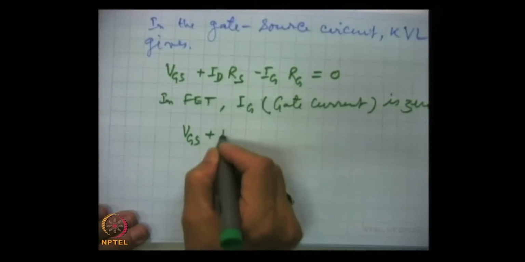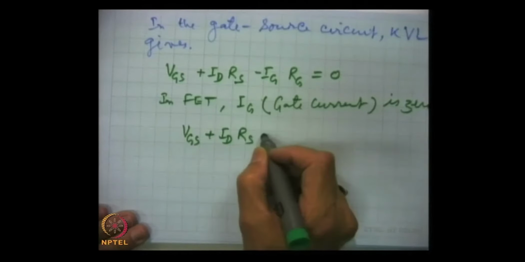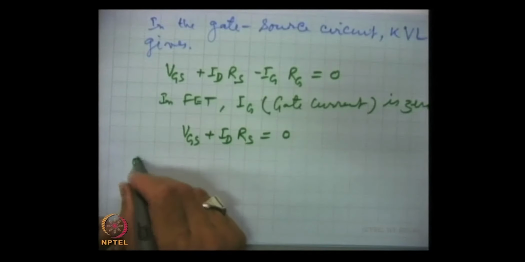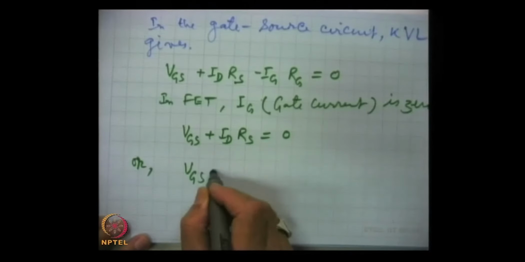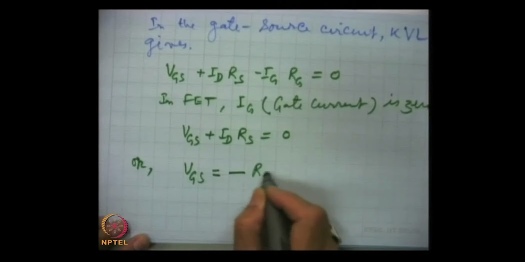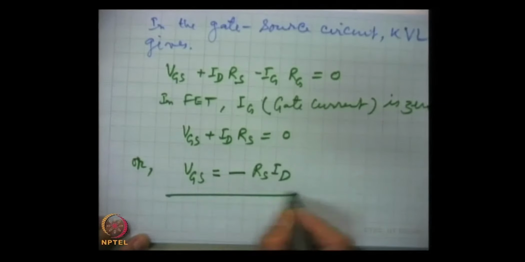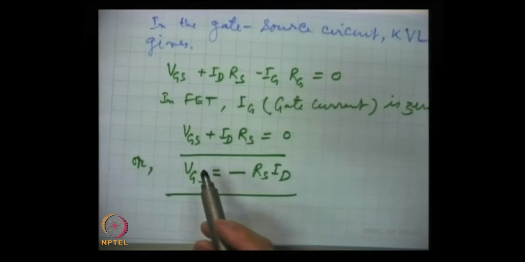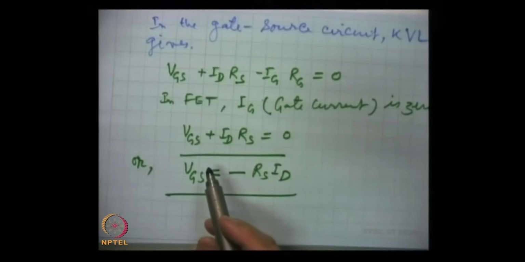So, when we put Ig 0 here, we get Vgs plus ID Rs equal to 0, or Vgs is equal to minus Rs ID. This is the gate source voltage which we were providing in the fixed bias circuit by another battery.